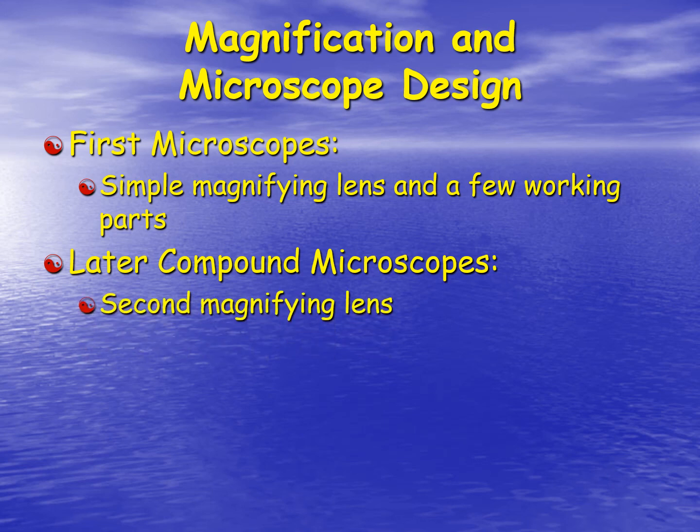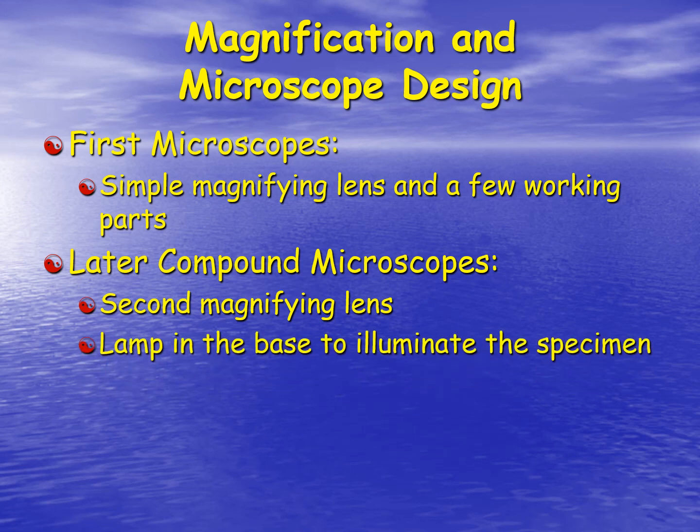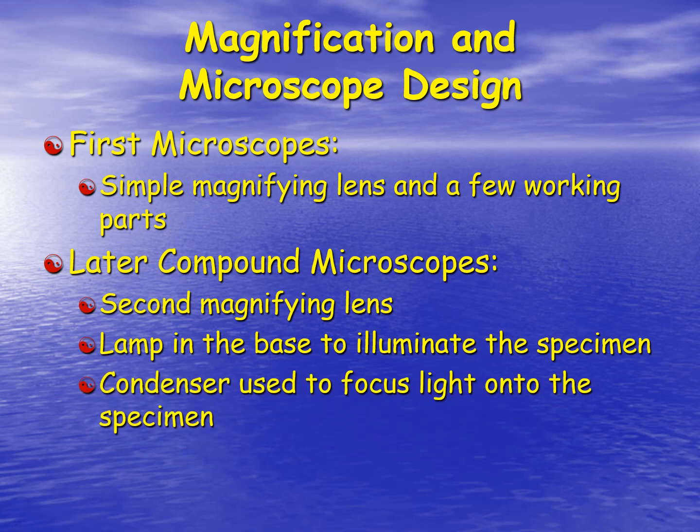And now we have usually a second, third, or even fourth magnifying lens that's part of our system. There's lamps in the base to illuminate the specimen, or again, another illumination source that we can use besides visible light, and a condenser that's used to focus the light or other illumination source onto the specimen.